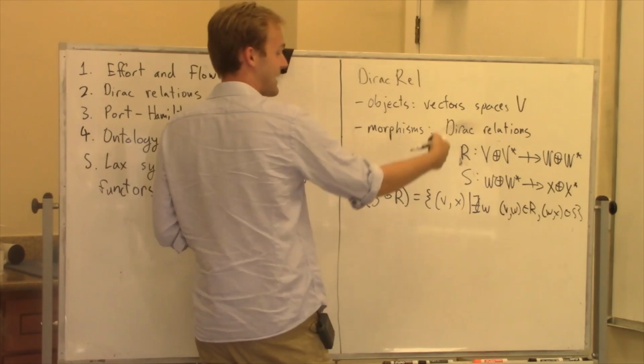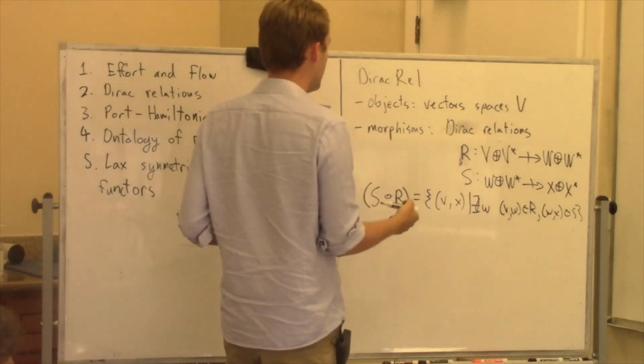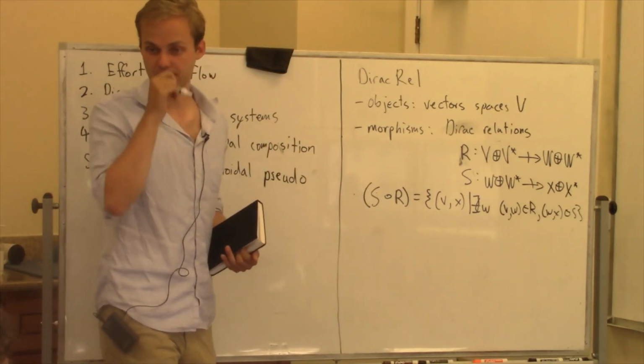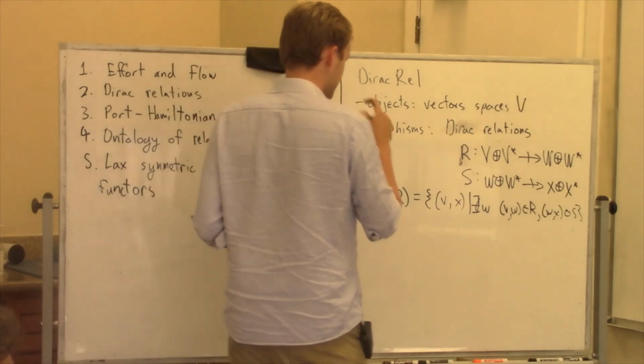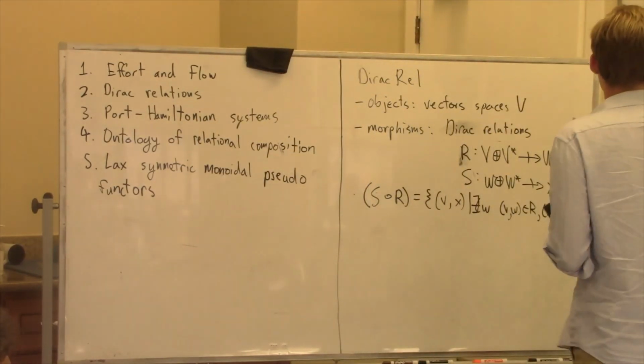Okay, so this is a category. It's a nice category. We can now put a symmetric monoidal structure on this category, given by just direct product.